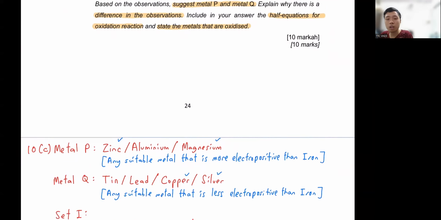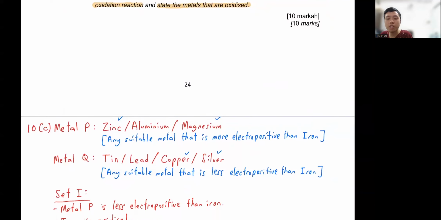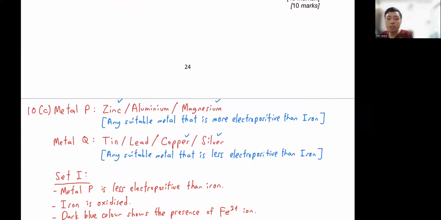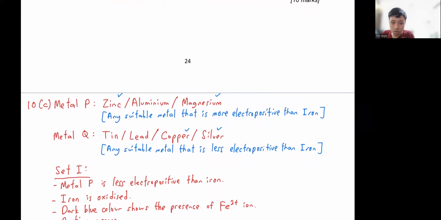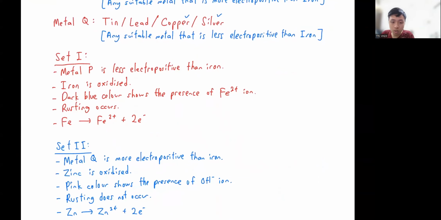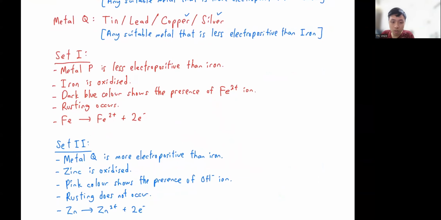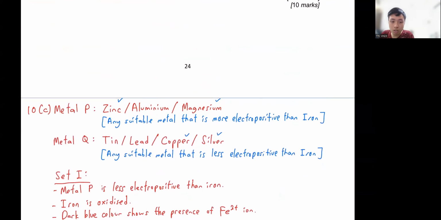Then you explain what's the difference in observation. Step 1, you say metal P is less electropositive than iron. Sorry, I think I read it wrongly. I think I mixed it up a bit.